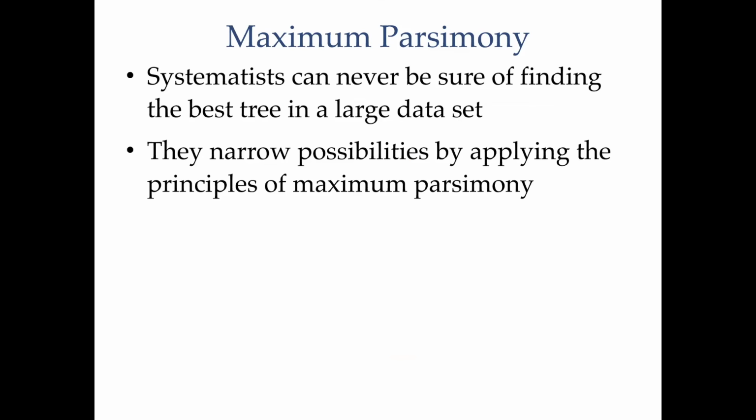First, when we are trying to estimate the relationship among organisms, especially extinct ones, we cannot say for sure how they are related. We are just trying to find the best explanation for the relationship among them. So we narrow down the possibilities by applying maximum parsimony.